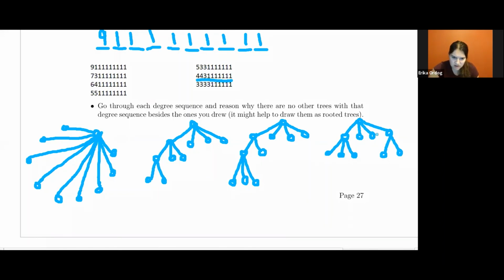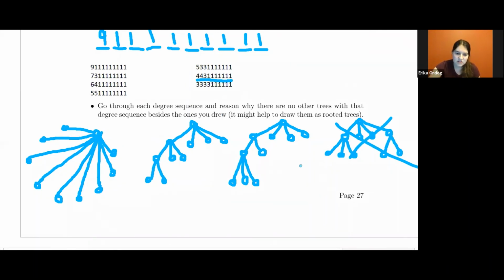Well, let's think about that for a minute. This is the one where the vertex of degree 3 is only adjacent to one vertex of degree 4. So that's this tree right here. You can pick a labeling of the vertices that shows they're isomorphic. So that one's the same as what we wrote down already.